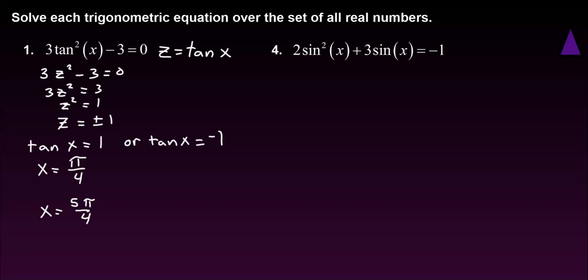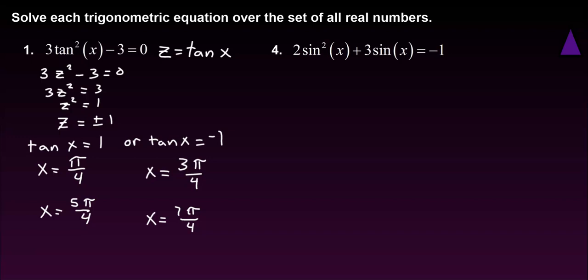So then for when it's negative, that's going to be in quadrant 2, so that's going to be 3 pi over 4, and in quadrant 4, so that's 7 pi over 4.